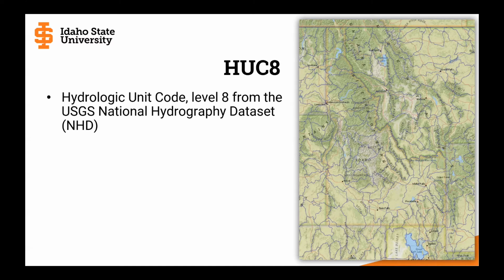I'm talking about hydrologic unit codes, level 8. If you can see this, these dark blue, purplish polygons that you're seeing, they're kind of big. In fact, a lot of these hydrologic unit codes in the southern part of the state are larger than a lot of counties. Any of these areas here.